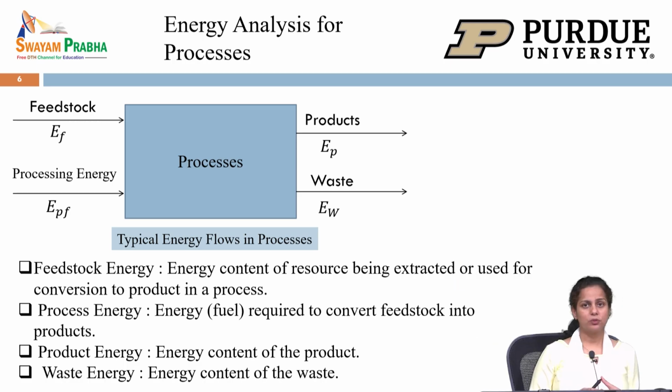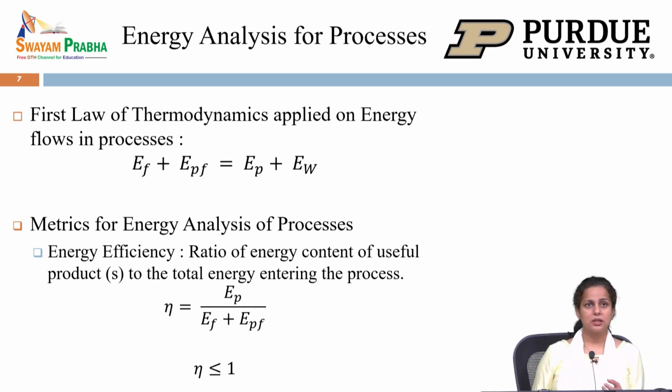Once we have quantification on all of these flows, we know that energy can neither be created nor destroyed in the process. So, from that we will have the first law of thermodynamics used to actually test whether your process is following the first law of thermodynamics or not, which means that your energy input should be equal to energy output.